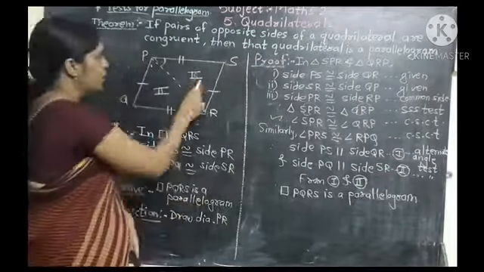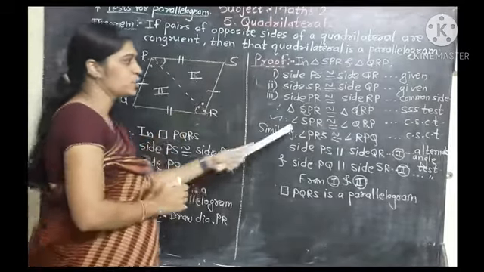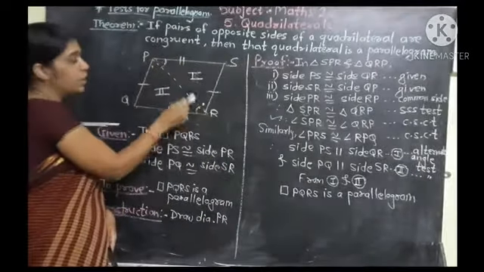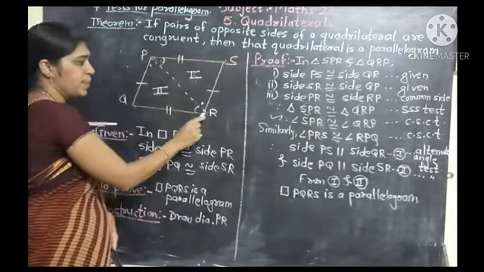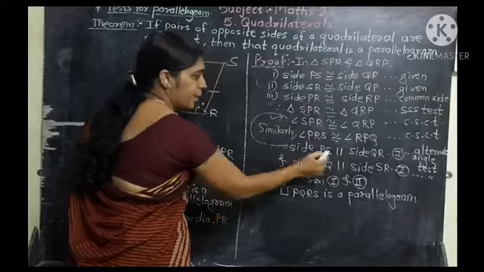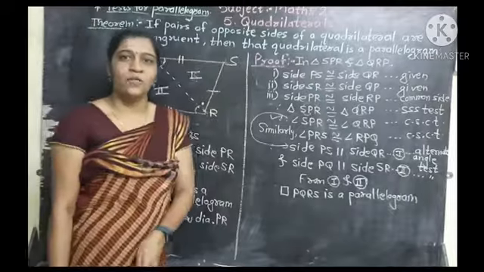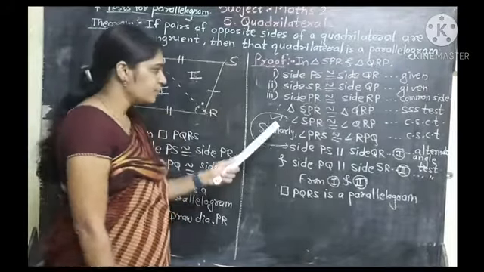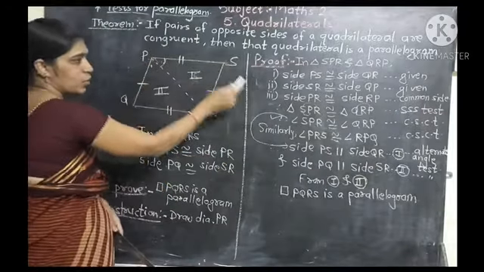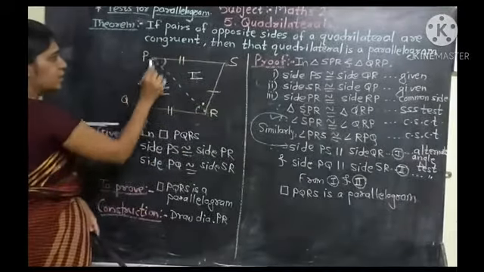Now see, is this an alternate angle? Yes, the alternate angles are congruent. Therefore PS is parallel to QR, by the alternate angle test of parallel lines. Similarly, angle PRS is congruent to angle RPQ. This is also an alternate angle.